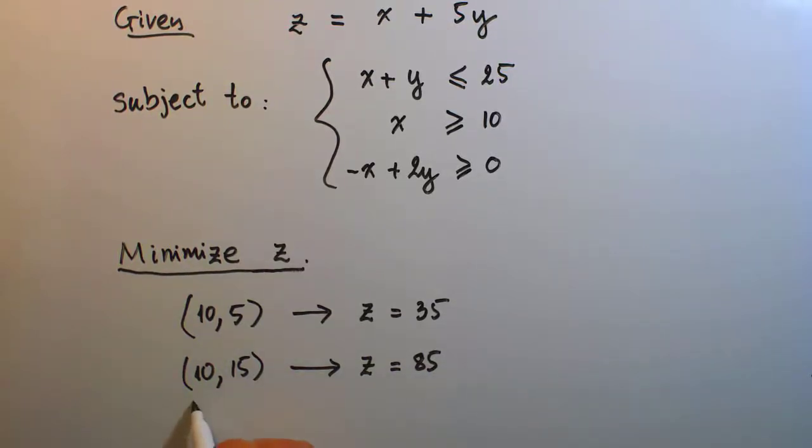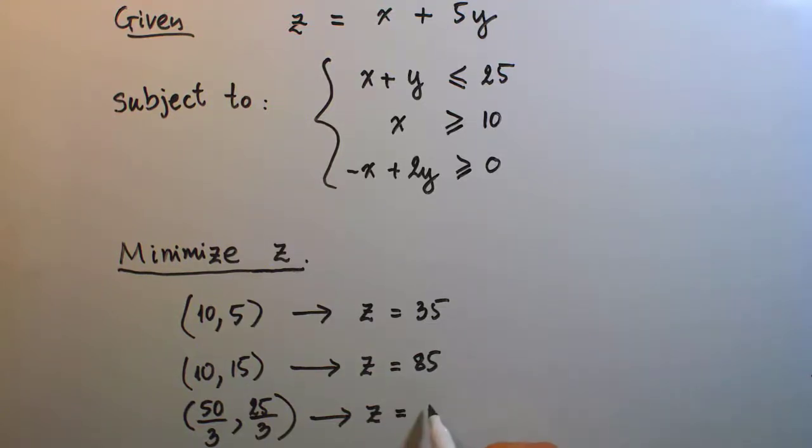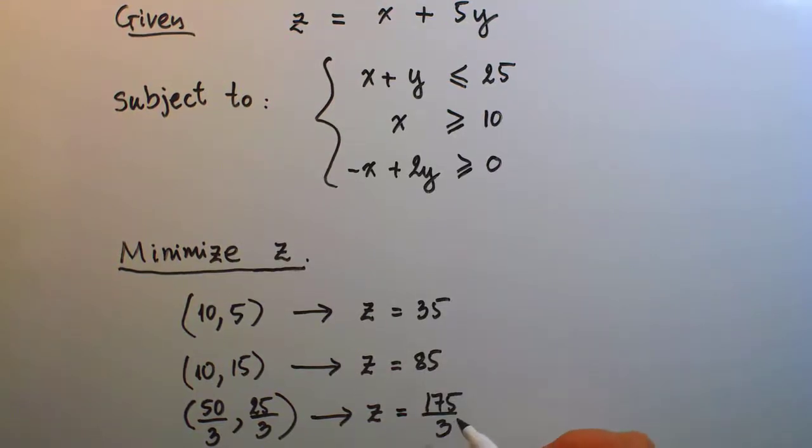And the third corner point in our feasible region is 50 over 3 comma 25 over 3, and calculation shows that z comes out to be 175 over 3, and in decimal, making it a little easier to compare, 175 over 3 is about 58.33 repeating.